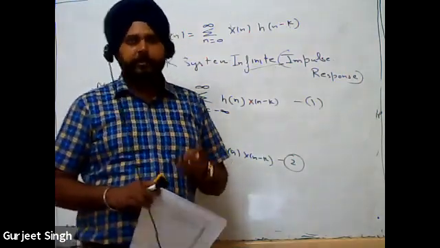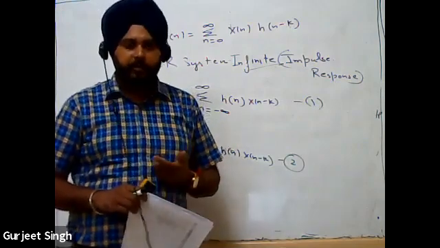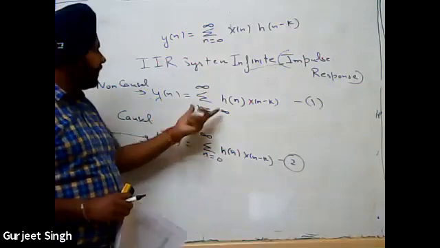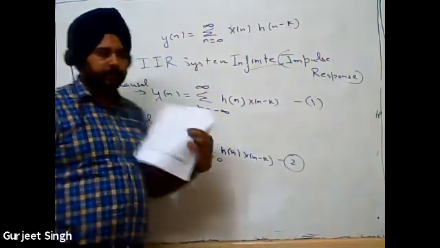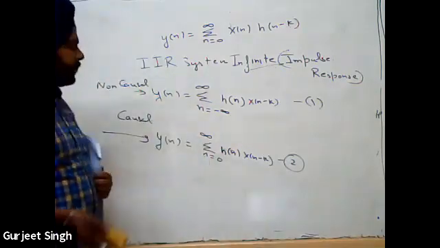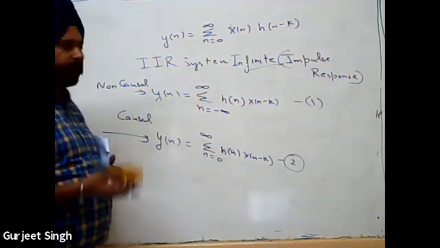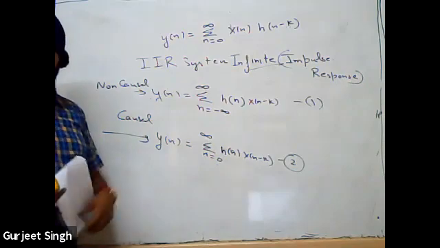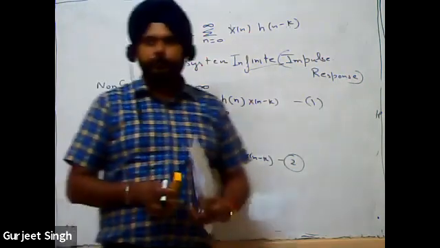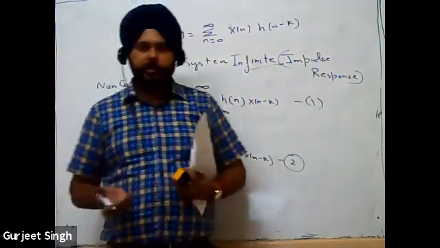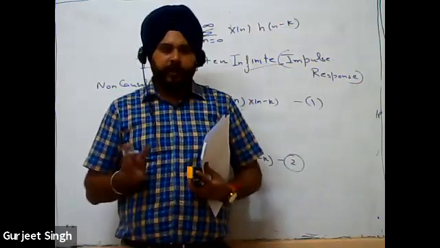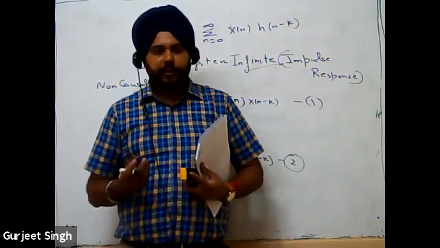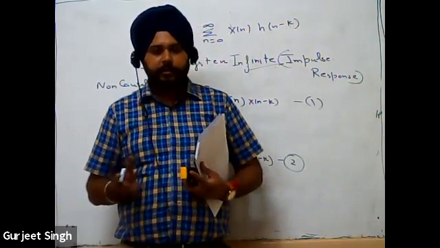Now I think the basics are clear to everyone. A finite impulse response system means we are having a finite number of samples. An infinite impulse response system means we are having an infinite number of samples. In the finite impulse response system we have two categories: the causal finite impulse response system and the non-causal finite impulse response system.